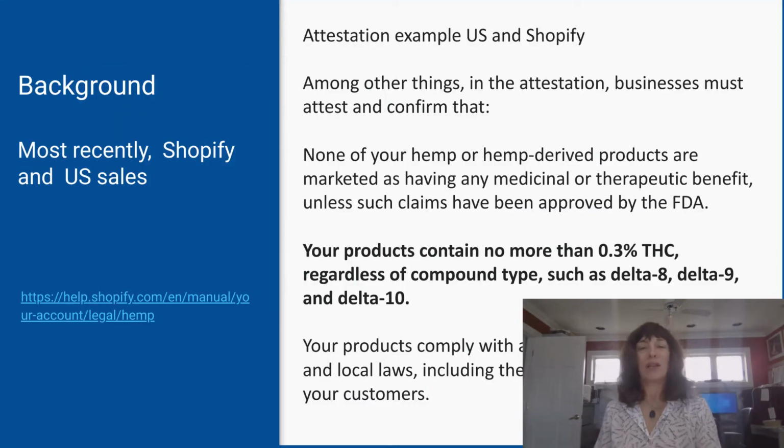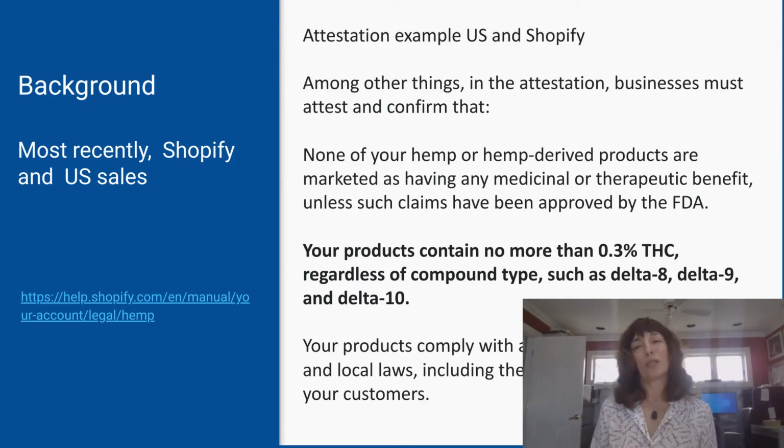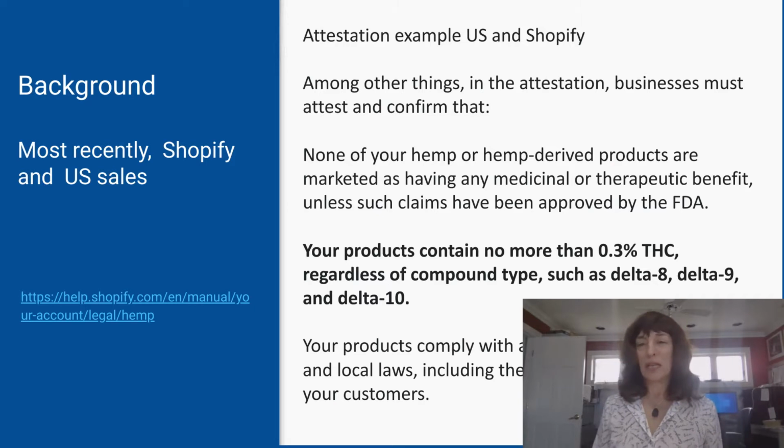Okay, so moving on, one last thing that just happened a week ago: online shopping for Delta-8 products is very big. However, Shopify has put a bit of a clampdown on it recently, and they said that you cannot state that your product has any medicinal or therapeutic benefit unless the claim has been approved by the FDA.